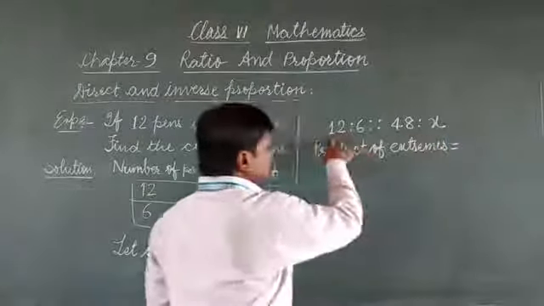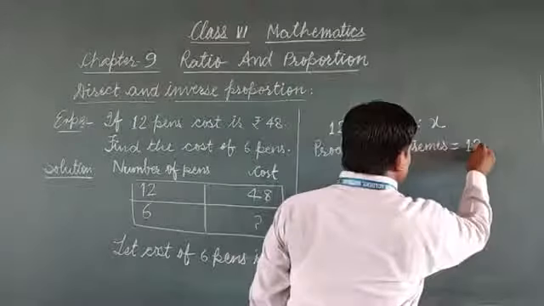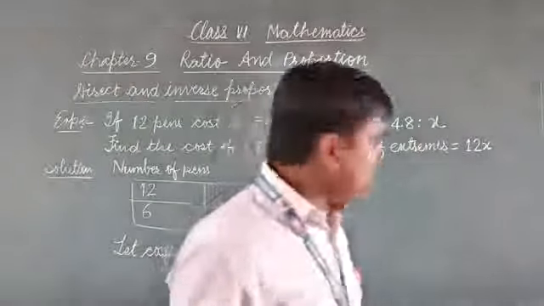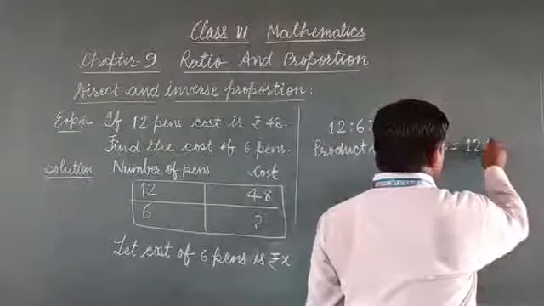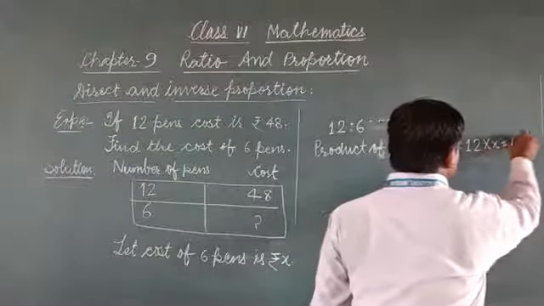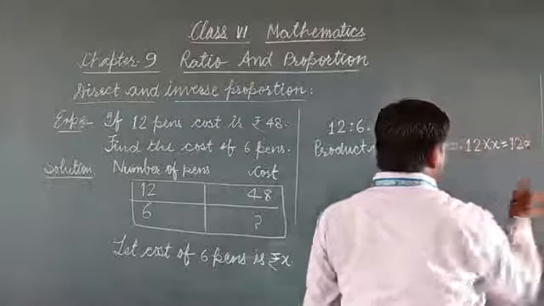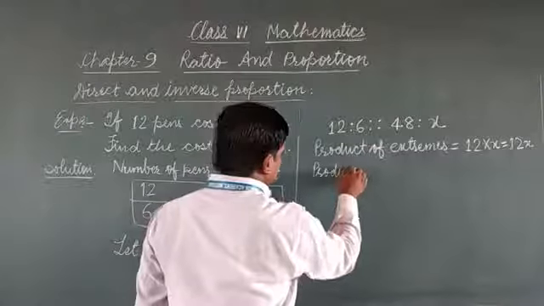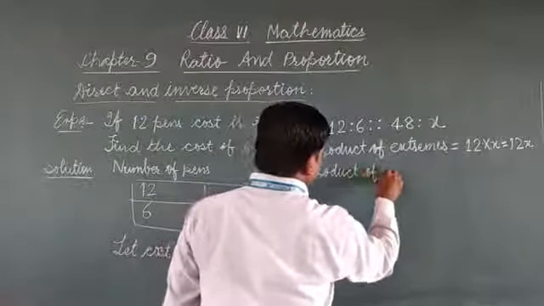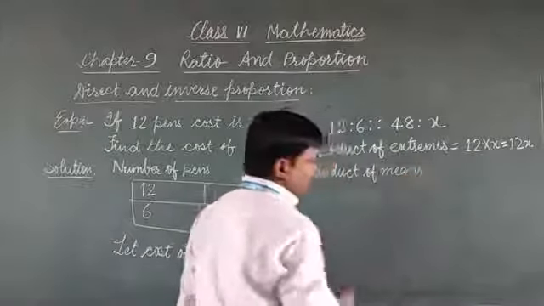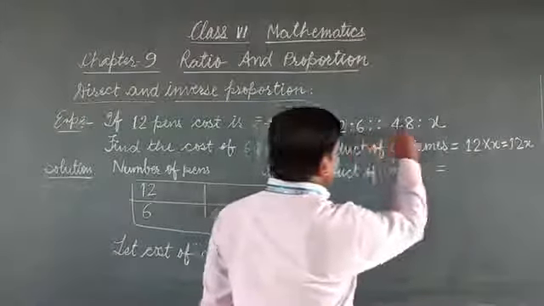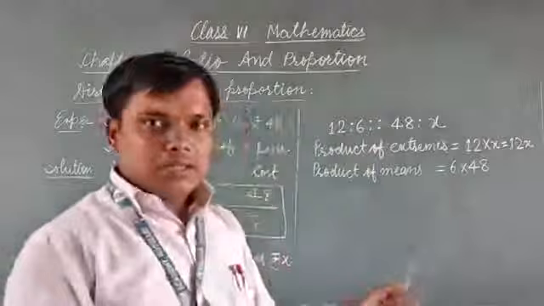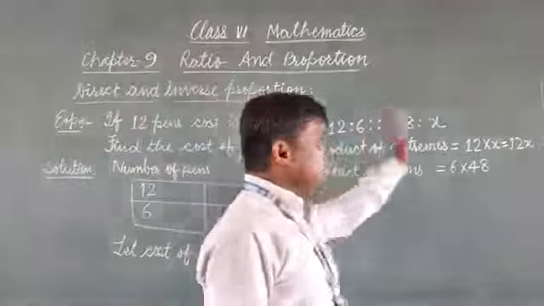What will be the product? 12 into X, so it will become 12X. Now the product of means, 6 into 48.